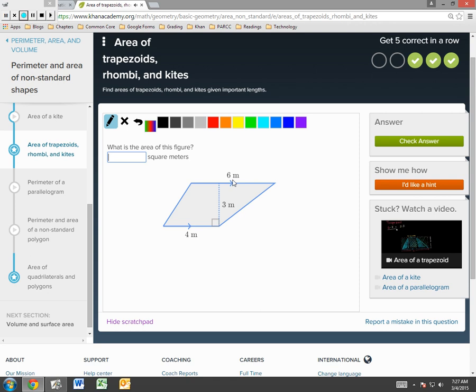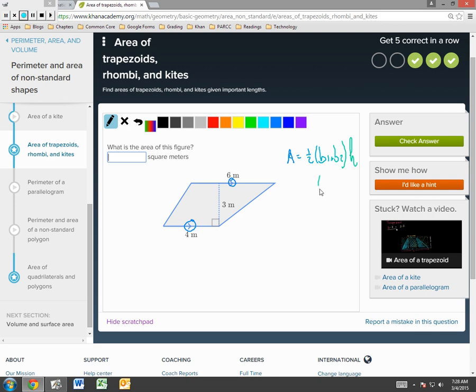I could tell by these markings here, this is another trapezoid. Start with the formula. Area is equal to 1/2 times base 1 plus base 2 times the height. It looks a little different, but when I divide by 2, it's the same as multiplying by 1/2. It doesn't change the answer.